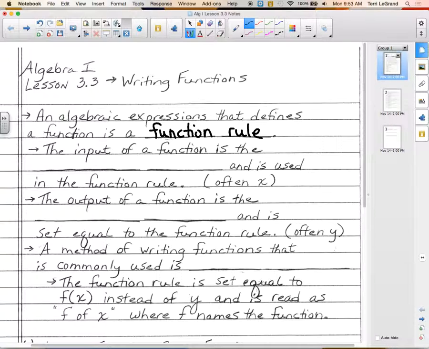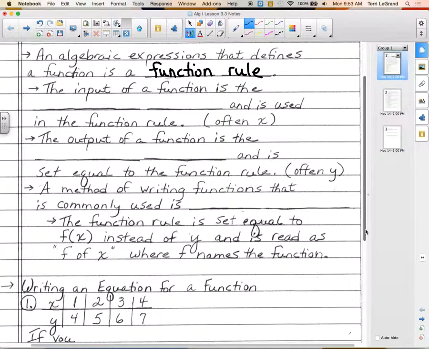You should have learned in going through lesson 3.3 on your own that the input of a function is called the independent variable. The input, so the one that gets put into the function rule.